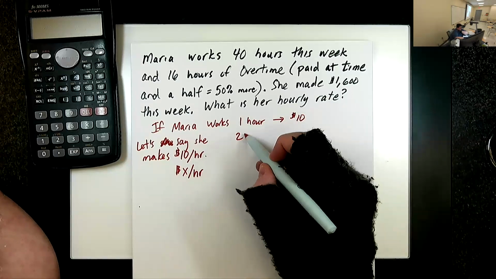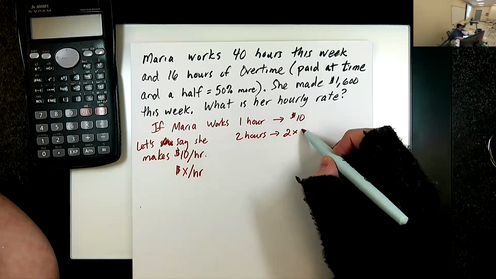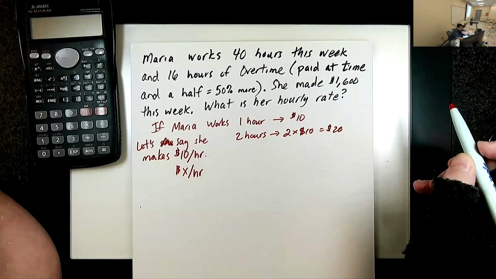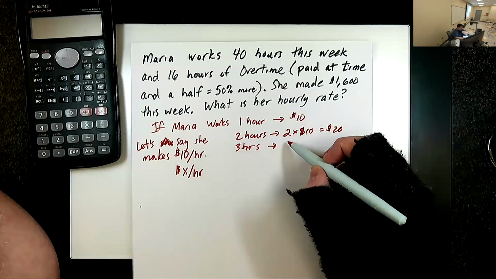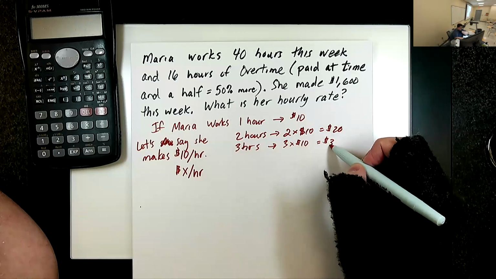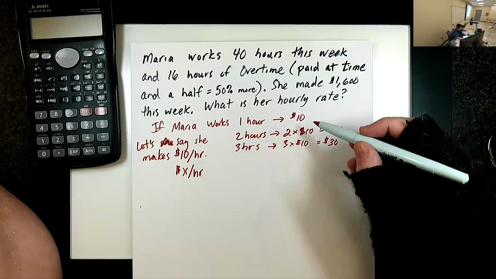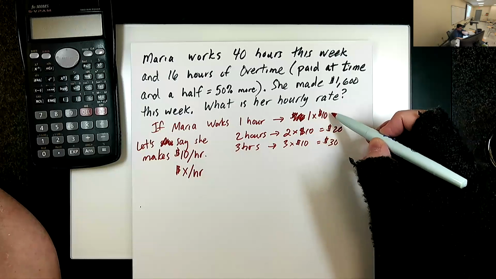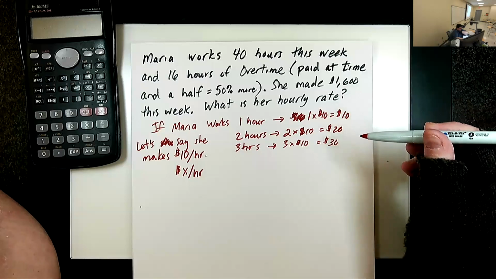If she works 2 hours, she's going to get 2 times that $10. So she's going to get 20 bucks. She works 3 hours. She'll get 3 times $10, which is $30. Well, if I write this top one as 1 times $10 equals $10, I can start to see a pattern.